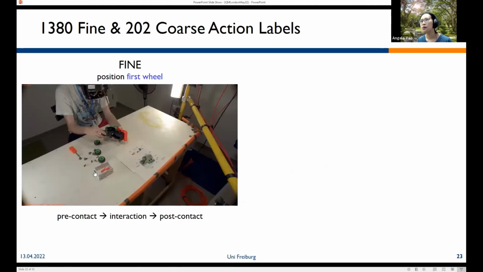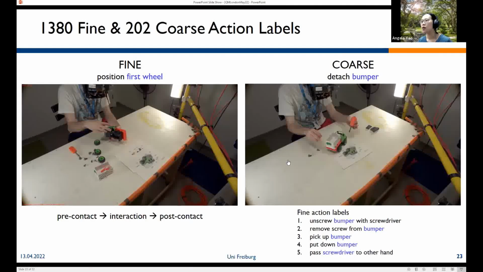We've labeled this with different fine and coarse action labels. The fine action is determined based on pre-contact, the interaction with that part, and then the post-contact. A coarse action is basically related to one component here. For example, detached bumper consists of these 5 different fine action labels.